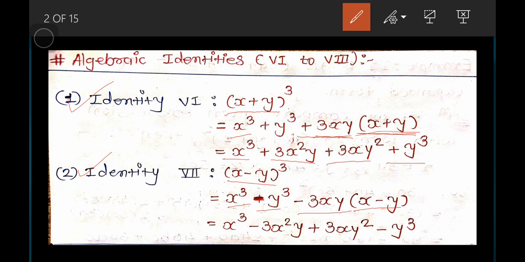Again we can find this product in its simple form. So x cube, we multiply minus 3xy with x, that is minus 3x square y, minus 3xy into minus y, minus and minus will be plus 3xy square, and at last we put minus y cube. So we remember these identities, identity number 6 and identity number 7.